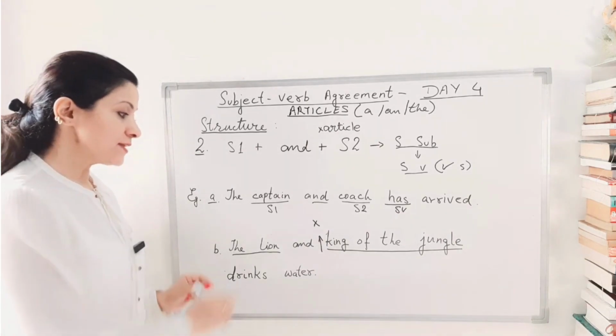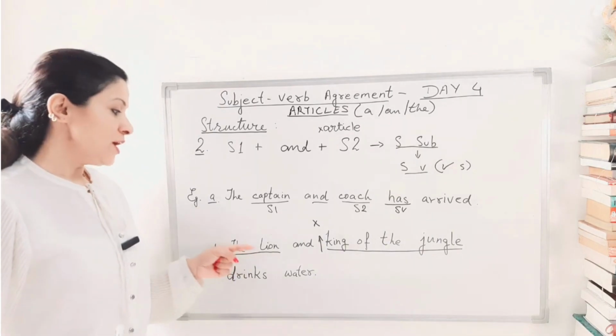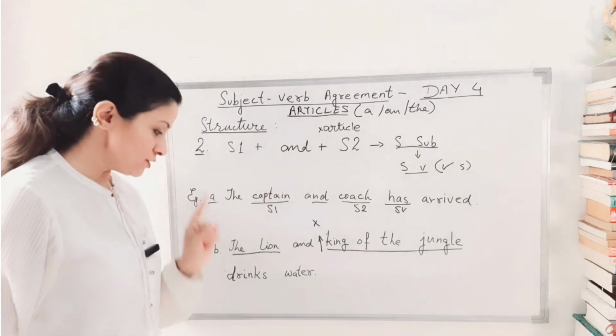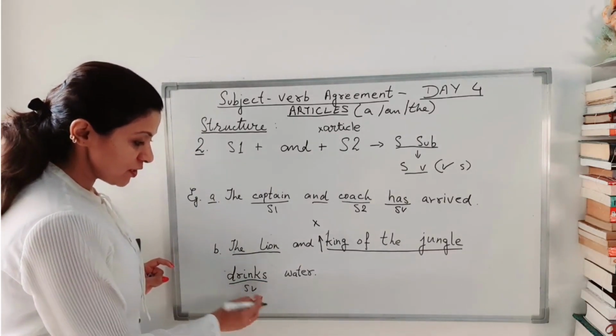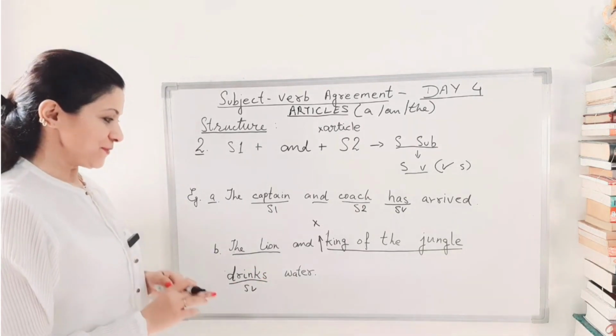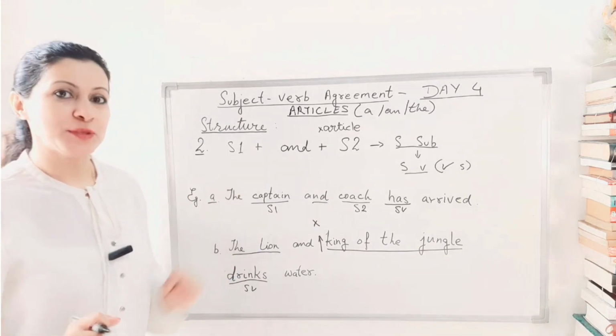So we will not say the lion and the king of the jungle. It's incorrect. So the lion and king of the jungle, one animal, right? So drink or drinks? Drinks, because singular verbs take S, the power of S, right? So is it clear now? Now, to check your understanding, please attempt the question here.